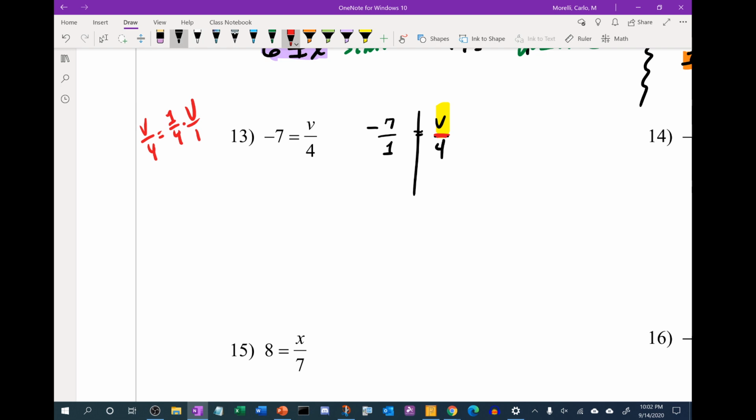Okay, so I'm actually going to write that step this time. I'm going to write negative 7 over 1 equals 1 over 4 times v over 1. Well, now I'm going to do the reciprocal. I'm going to multiply by the reciprocal of 1 over 4, which would be 4 over 1.